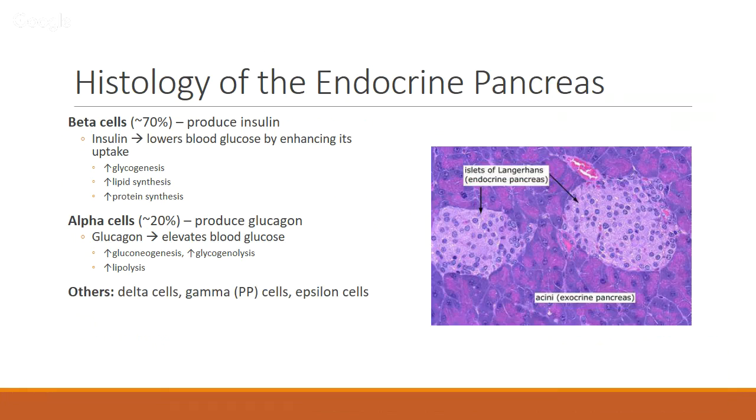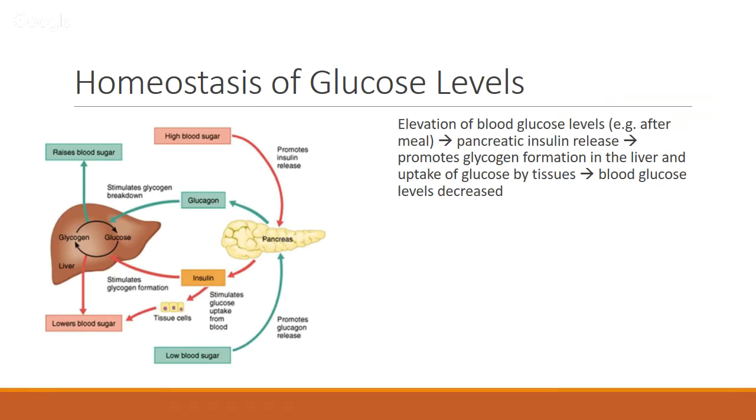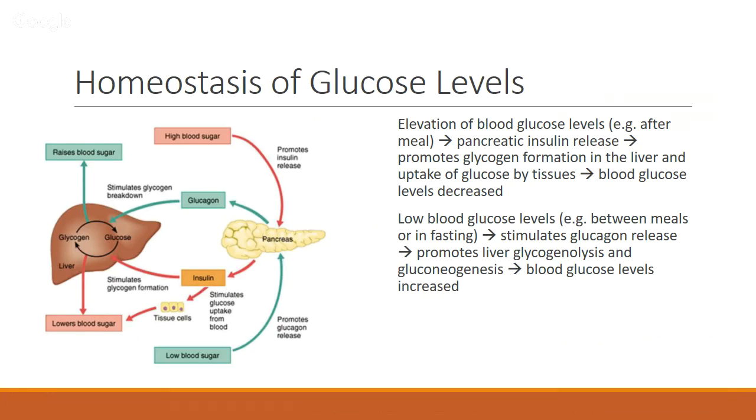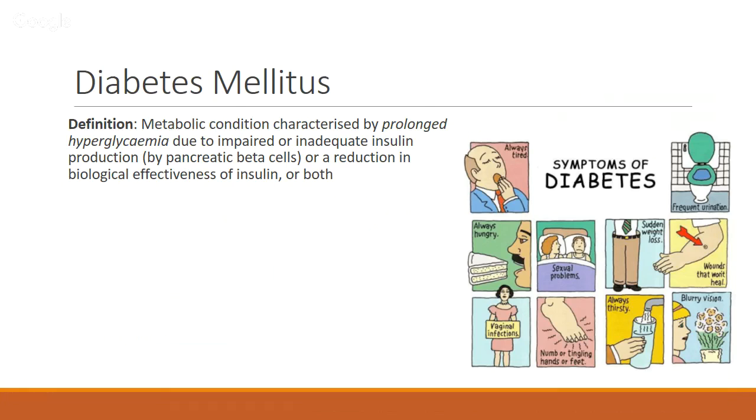And the functions of insulin and glucagon are antagonistic. Basically, after a meal, you secrete insulin so that you store all that glucose intake into your liver and tissues.